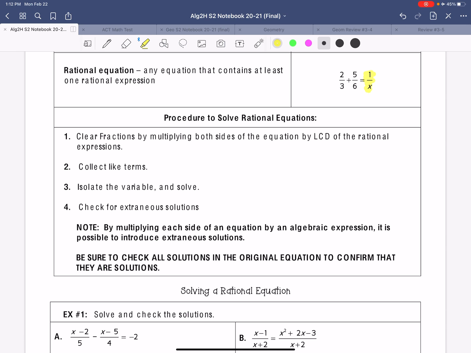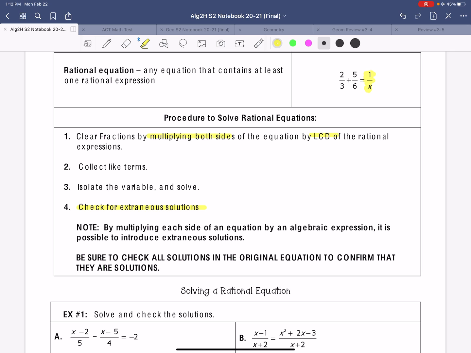To solve rational equations, we're going to clear the fractions by multiplying both sides by the least common denominator. Once we do that, we collect like terms, isolate the variable, and solve. Always check for extraneous solutions.